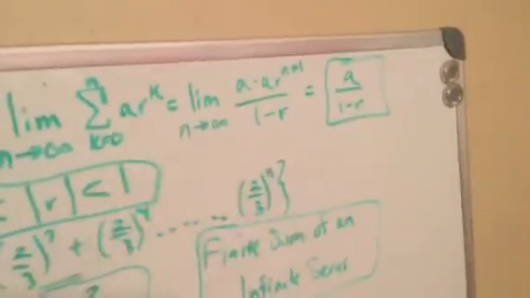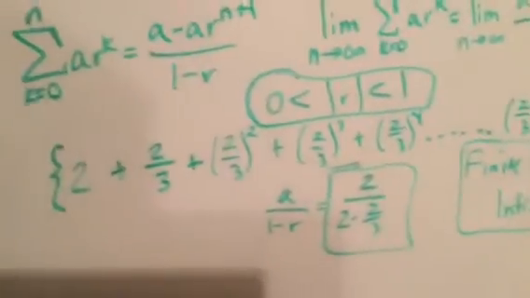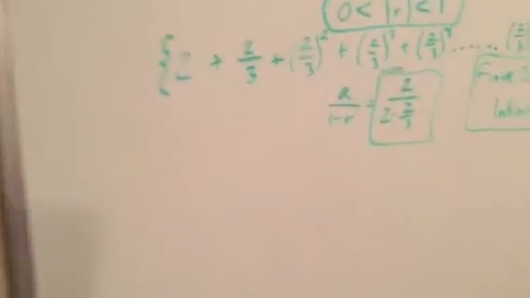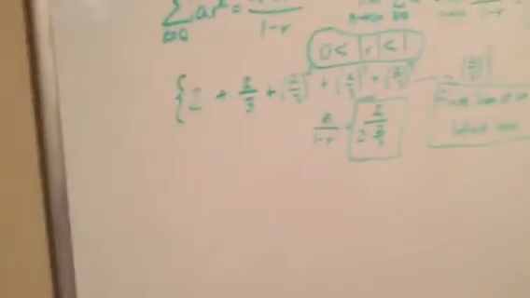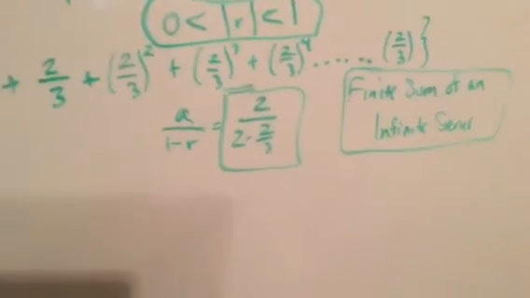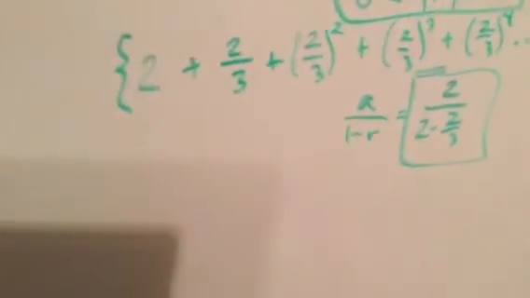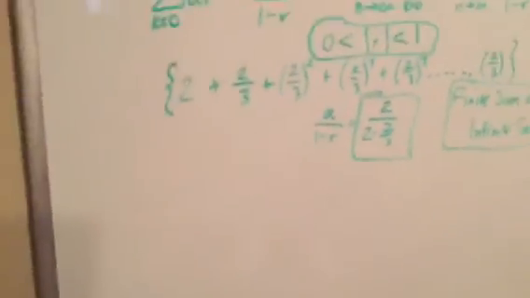And assuming that we only had a few terms of this, minus this part, we could use this part here to calculate, like we did here, a over 1 minus r, which is the way that we would calculate this.